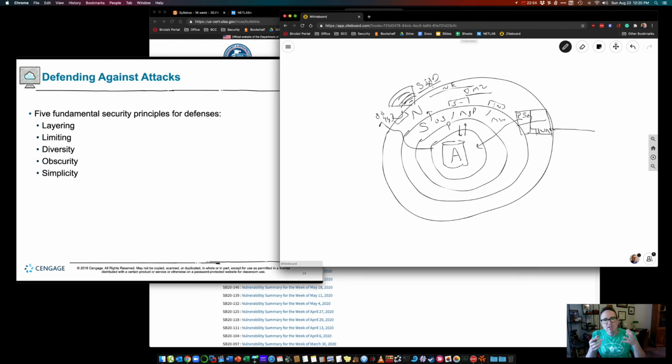It does obscure things by not publishing our SSID for our regular internal Wi-Fi network, but there are tools out there. Someone with a little bit of ability, even mobile apps, can find those tools. So that's not really security. It's something you would add to the layer. Again, we might add some obscurity by not posting our SSID for our internal network, but that's not the limit of our security.